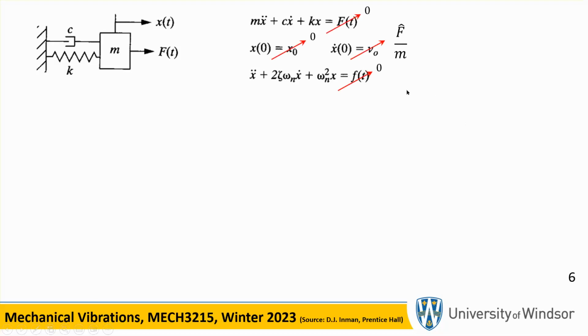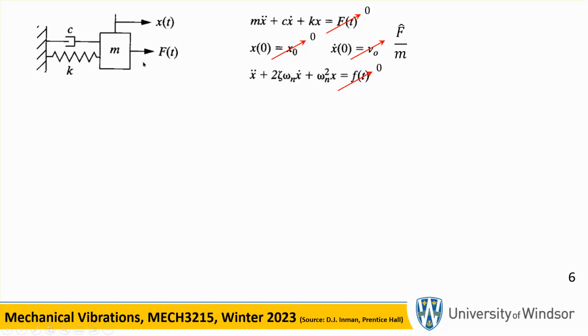Now, if this is an impulsive force, an extremely short duration, we're talking about the limit where that duration goes to 0, this is 0, because nothing happens after that short duration. There's no force. Let's assume that the initial position is 0, and we just found out that the initial velocity imparted by that sudden hit is F hat over m.